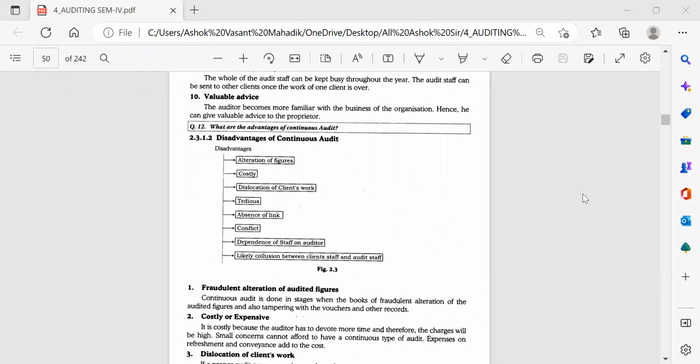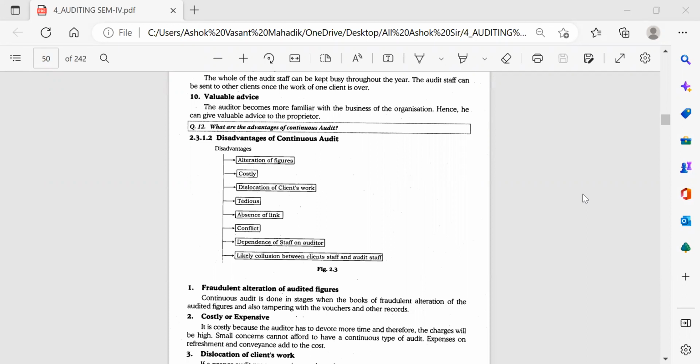Going to a client's office and doing the same ticking part every now and then makes the work tedious. Absence of link: suppose I am going after a week's time, I may forget what I had found out last time. If I have not noted it down properly, then I may miss the link.